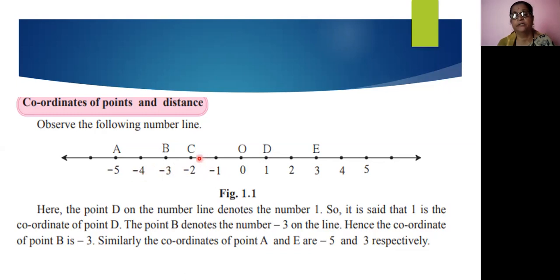Here, point C has coordinate -2, B has coordinate -3, and A has coordinate -5. We can see the distance between D and E. D's coordinate is 1 and E's coordinate is 3.